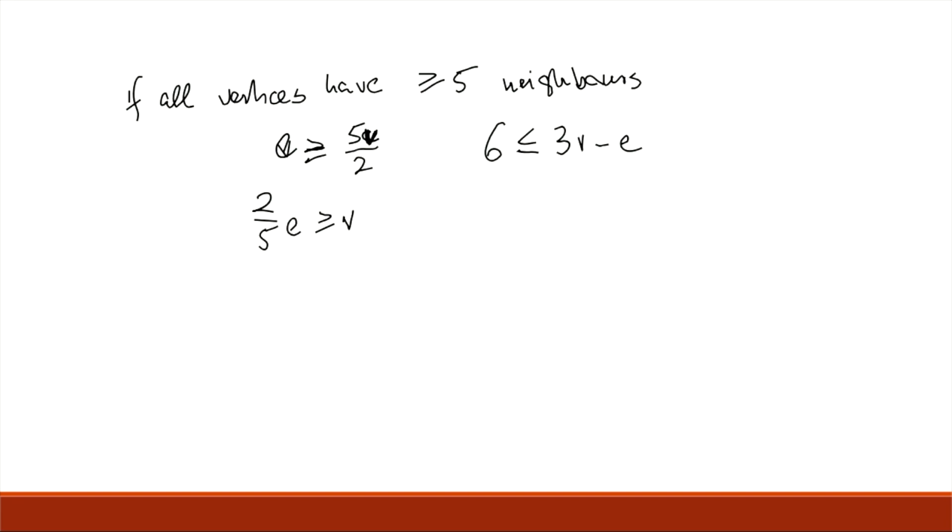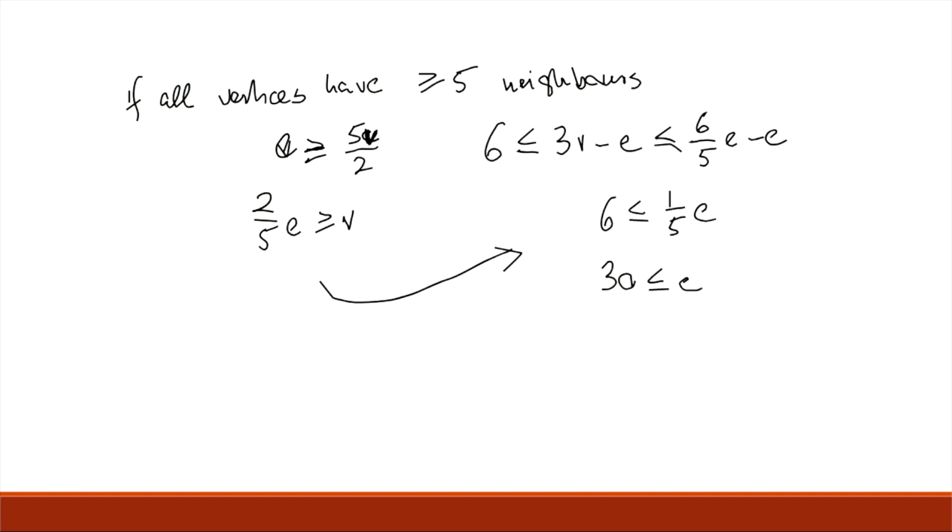And if I sub it back there, then 3v is going to be less than or equal to 3 times 2 over 5 e. So this is going to be less than or equal to 6 over 5 e minus e. But then we just got that 6 is less than or equal to a fifth e, which means that e needs to be at least 30.